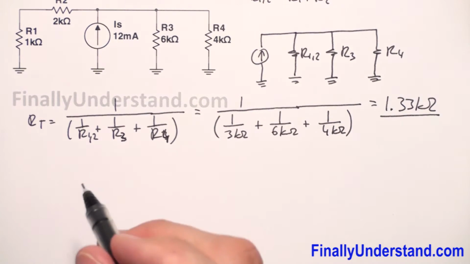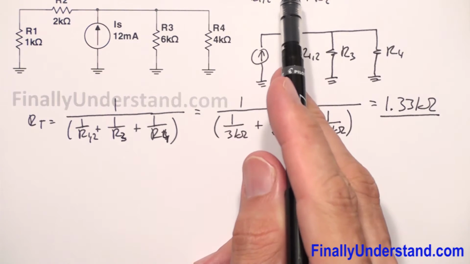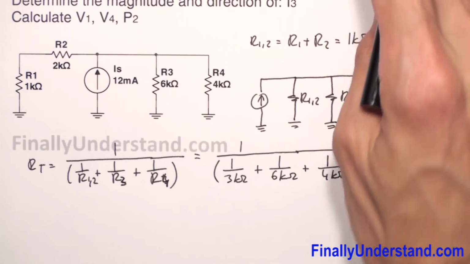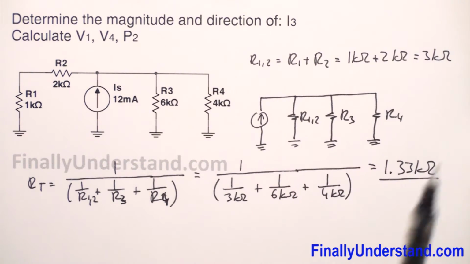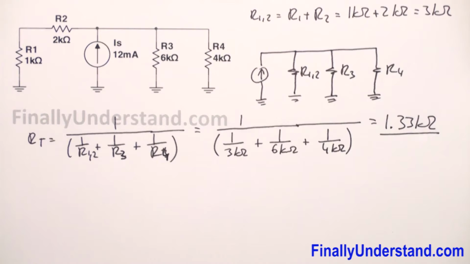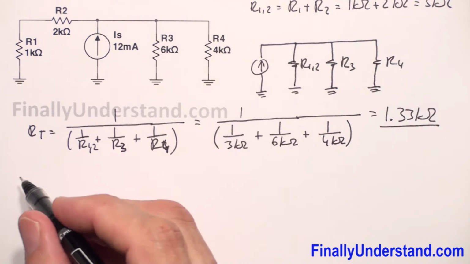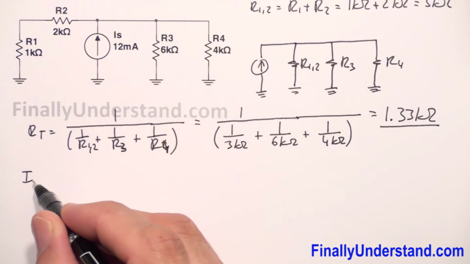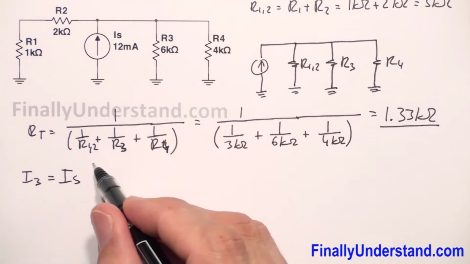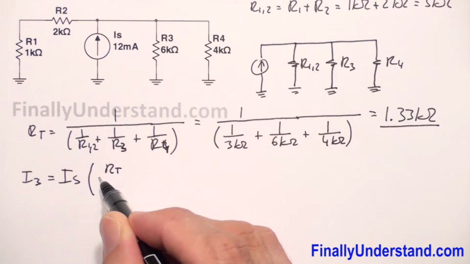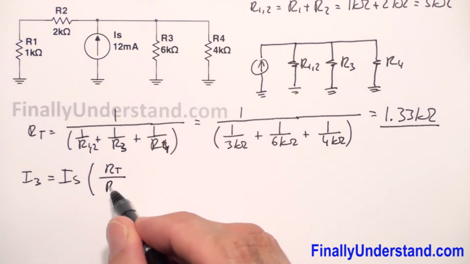Next, I'm supposed to find the value of the current I3. So I'm going to use the current divider formula. I'm going to write I3 is equal to I source times R total over R3.